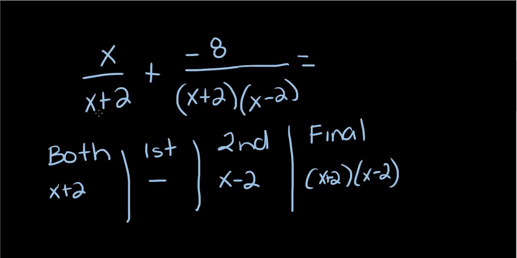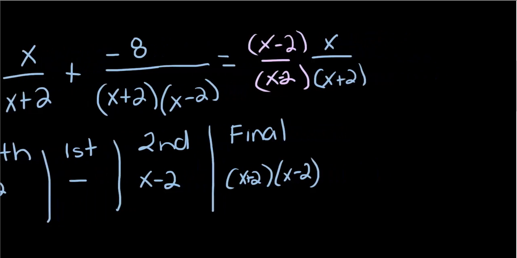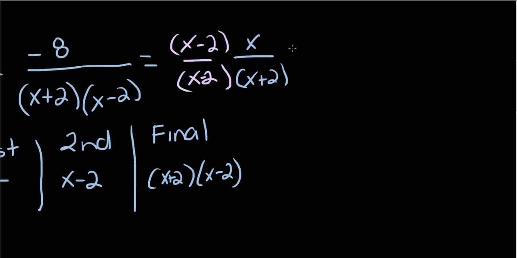The first term has x plus 2, it needs the x minus 2, so I'm going to multiply it by x minus 2 over x minus 2. And then, of course, x over x plus 2 stays the same for now. And the second term already has the common denominator, so I really don't have to do anything to it. So I'm going to write plus negative 8 over x plus 2 times x minus 2.